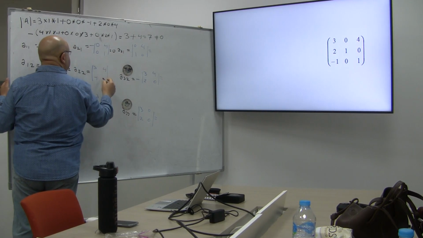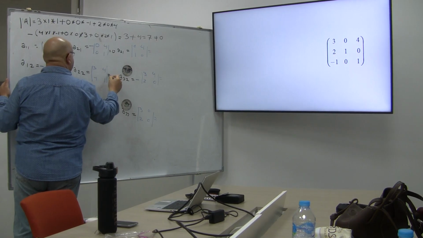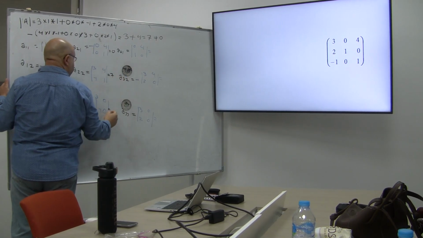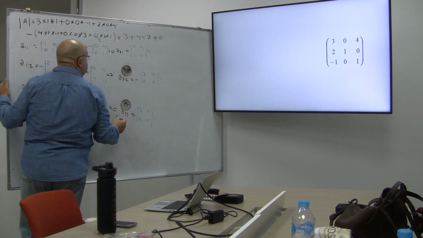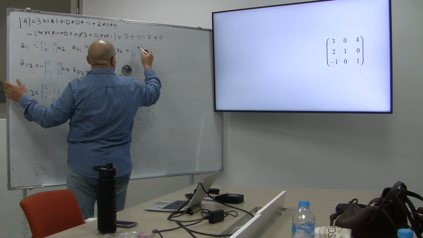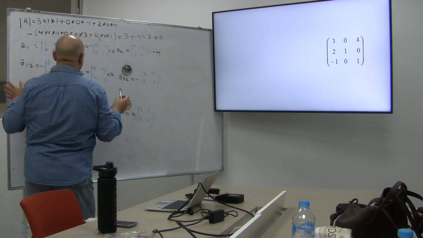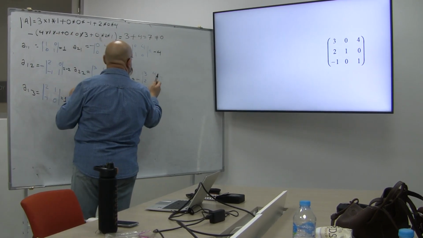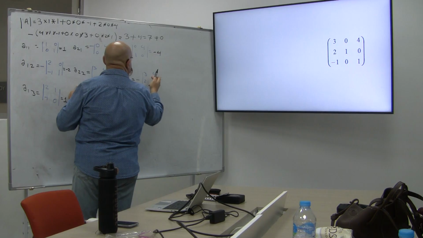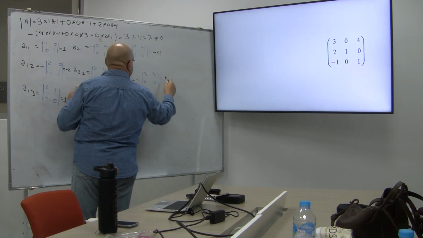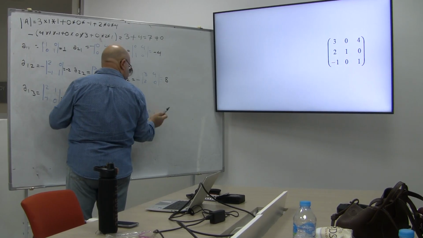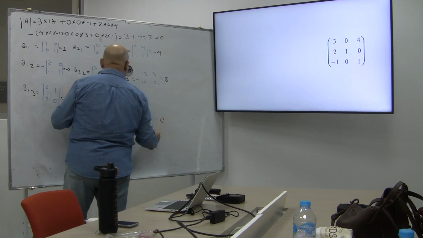For this number, it's going to be 3, then plus 4. So it's going to come up to 7. This is going to equal 0. For this one also, it's going to be 0, but minus 4. The last one, 3 times 0 is equal to 0. Then minus 8 times the negative, which is going to be 8. I will check that later, and this value is equal to 0.